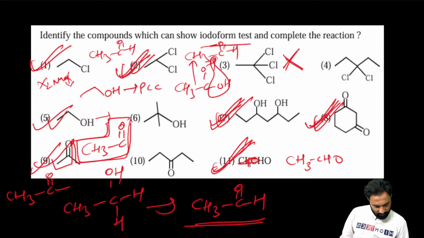Iron is in the form of the enol. Eight. Now you are asking how the eighth will give. Okay.